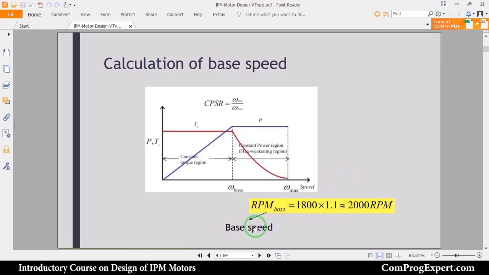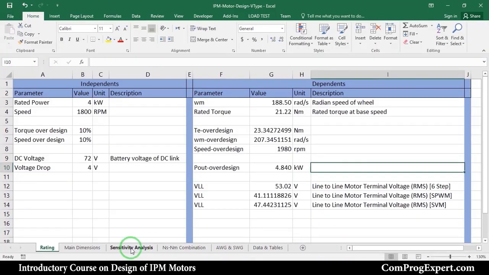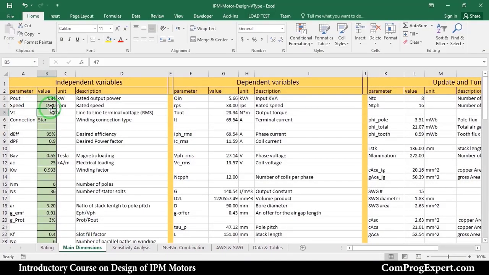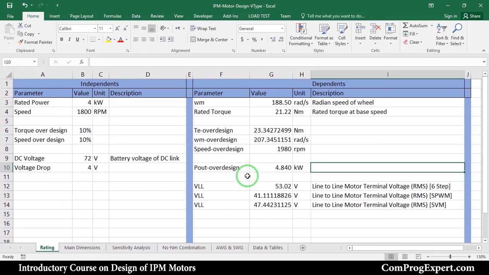We considered a point on the torque speed plane as a steady state operating point, and we set the ratings here in the main dimension sheet equal to these calculated values.